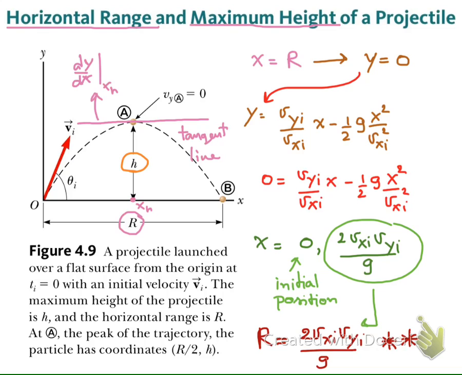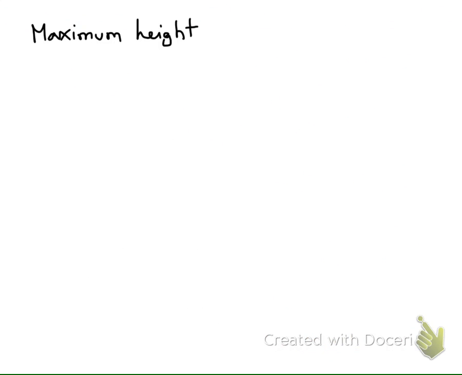So we have that dy by dx at the point xh must equal 0, because the slope of the tangent line is 0.